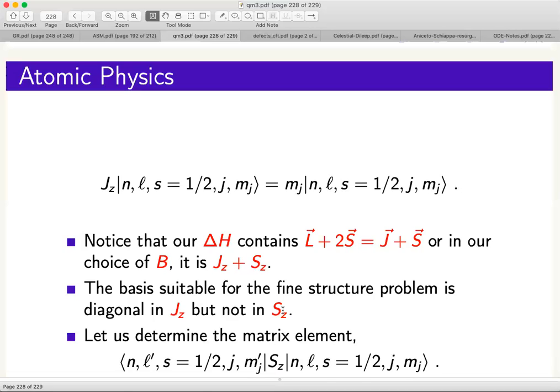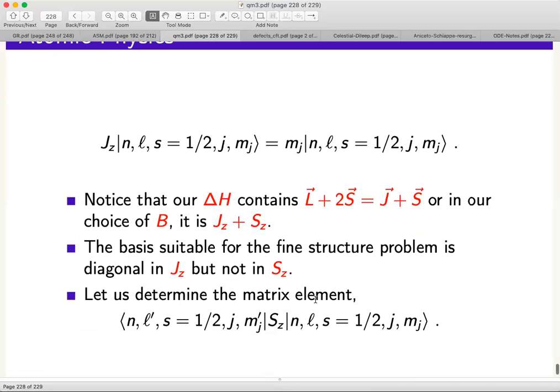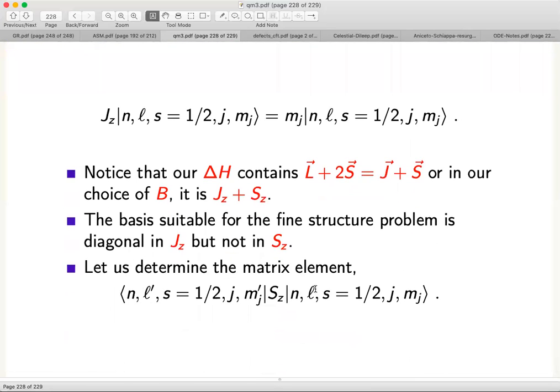That is done by sandwiching Sz between these states, and then between these terms you insert ML-MS states.